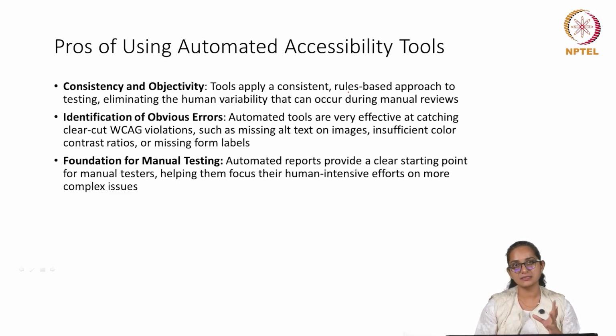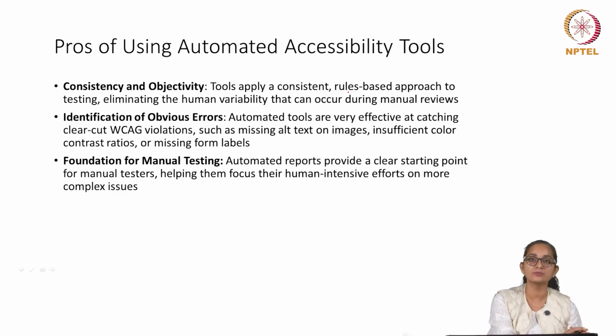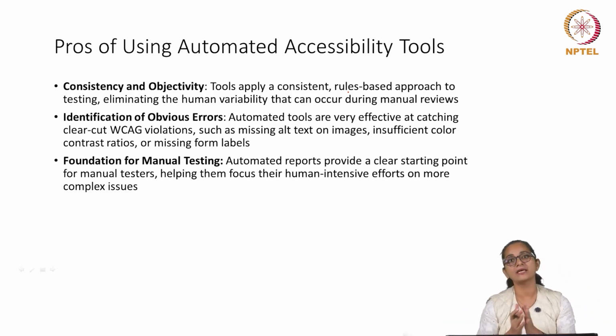I think this is a very important pro of using an accessibility tool, and this is how we should look at it, that it is a supporting tool and not by itself comprehensive. A complete evaluation should always include human accessibility experts as well as accessibility tools, and only then can it become a complete comprehensive evaluation.